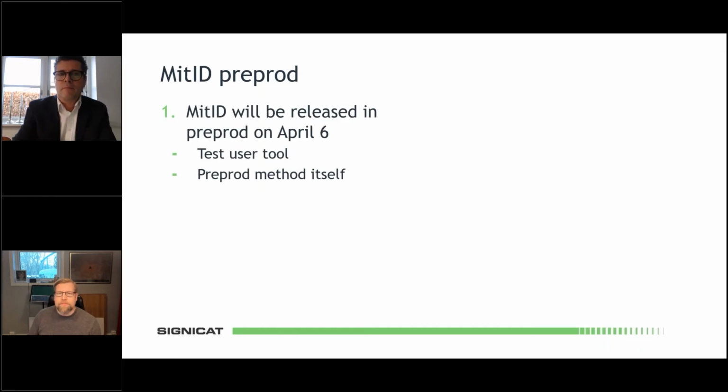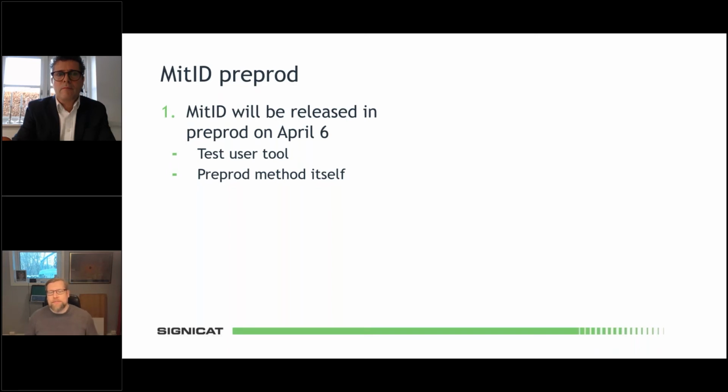All right. So a bit of good news here. We had an indication earlier, if any of you attended our last webinar, that MitID as a proper method wouldn't be available in pre-production before the actual go live date in May. The latest information we have is that this is no longer the case.